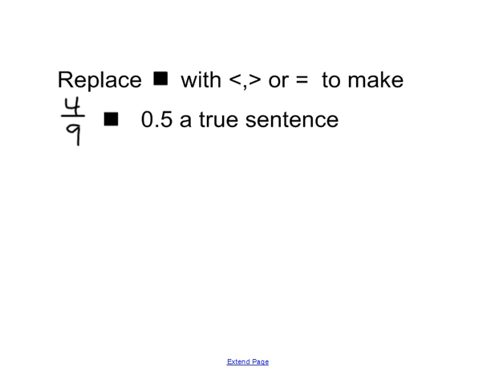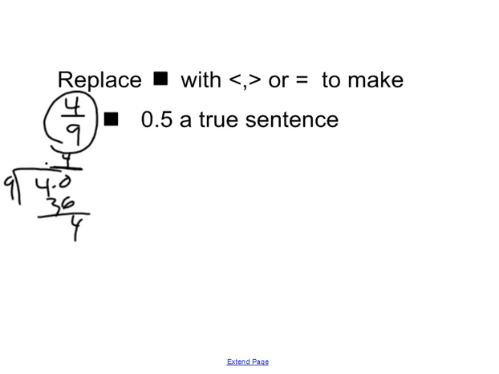Another problem like this, we're going to work in decimal form. All right, so I'm going to change this into decimal form. I'm going to take 4 divided by 9. 9 will go into 40 4 times would be 36. And I've got a repeating decimal.